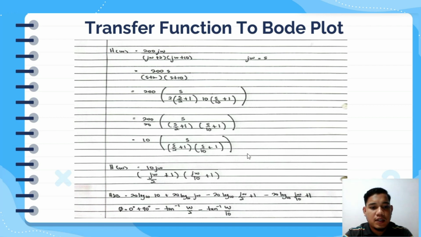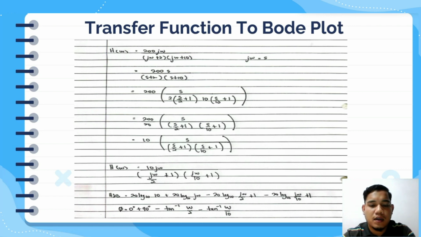After getting the answer, we need to change to dB, the decibel scale, using the properties of logarithm: 20 log 10, plus 20 log |jω|, minus 20 log |jω/2 + 1|, minus 20 log |jω/10 + 1|. After we get the equation, we need to plot the graph.